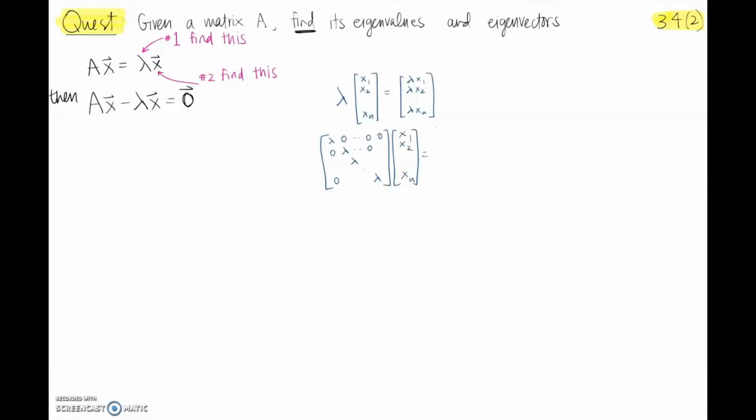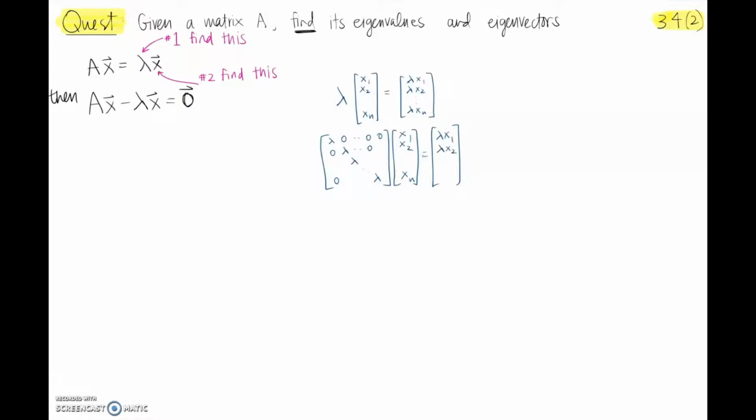Think about what you would get if you did this multiplication. So we would get, let's see, this top row by the vector would pick up x1, so that would be lambda x1. And then this second row by the vector, we'd get zeros everywhere except lambda times x2, so this would be lambda x2.